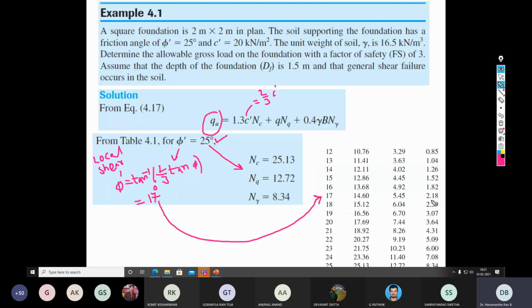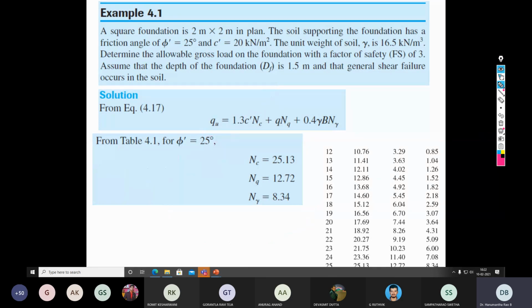As a result, there is a gross reduction in the value of QU. We got approximately 1075 kilopascals as the ultimate stress under general shear condition. If you repeat the same for local shear condition, you may get around 950 or 900 kilopascals. So you can repeat the same thing, no problem.